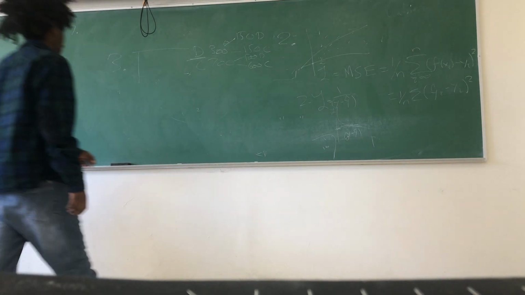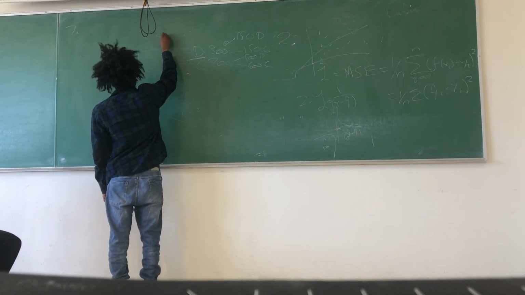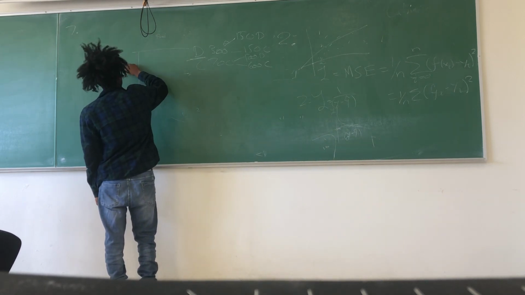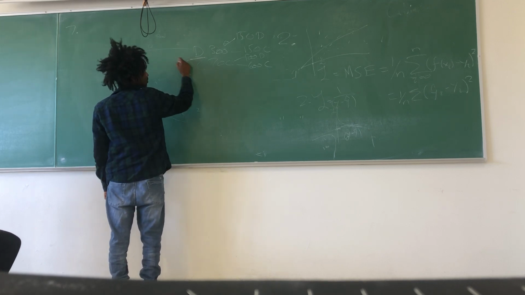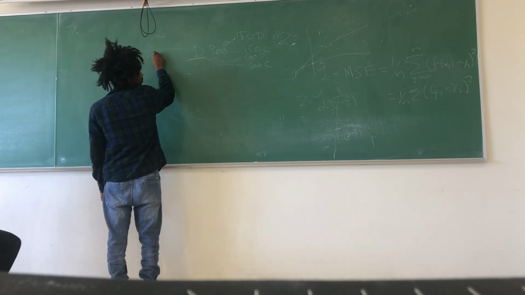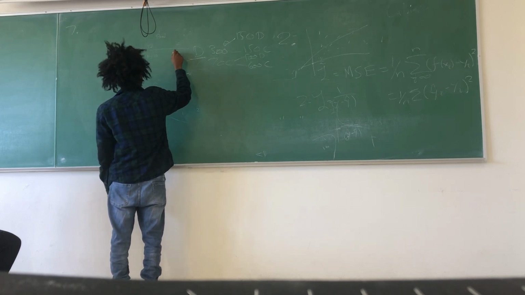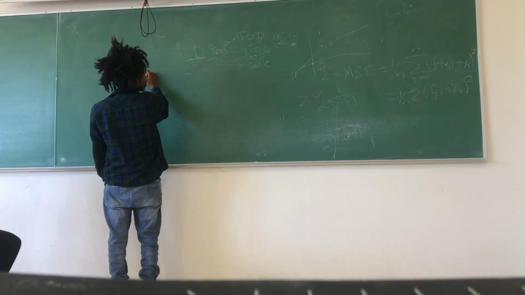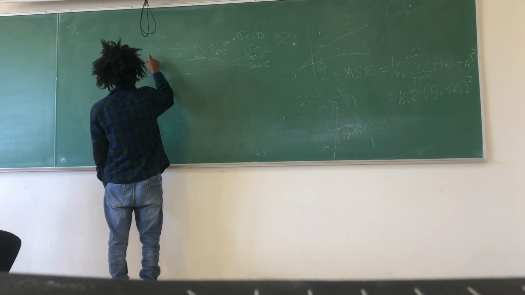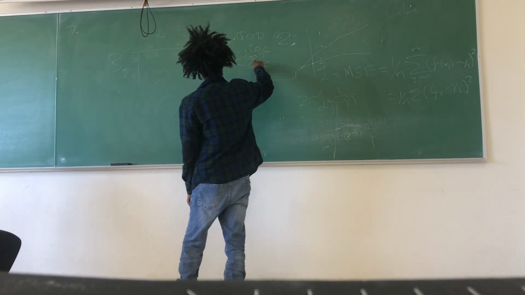So let's say predicted and actual: dogs, cats, dogs, cats. 150. These are dogs, right? Yeah, those are dogs. 100, sorry. 100, right?